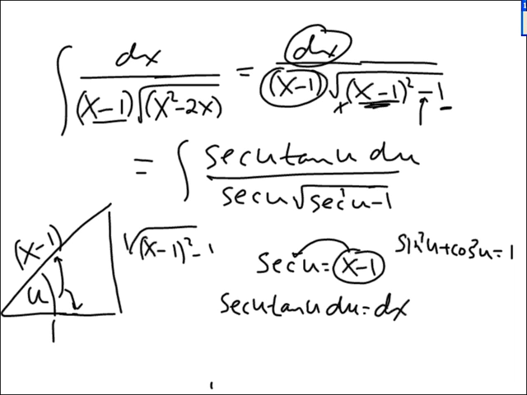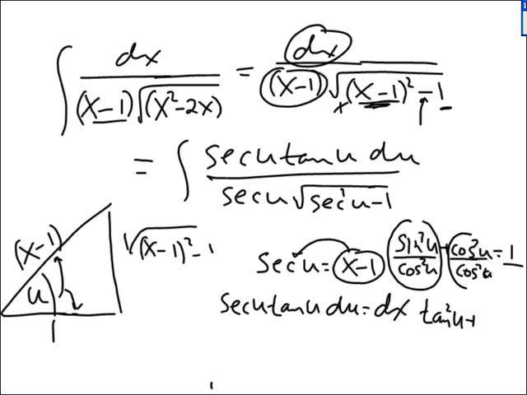If we now divide both sides by cosine squared u, that will be tangent squared u plus, that of course is 1, and 1 over cosine squared u. 1 over cosine squared u is secant squared u.